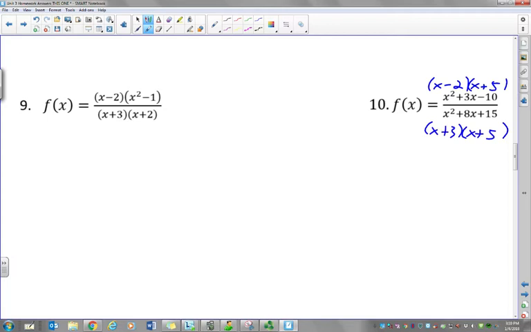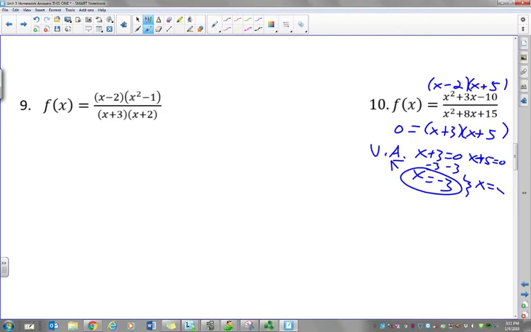So we would have vertical asymptotes, VA, at x plus 3 equals 0 and x plus 5 equals 0. Subtracting 3 from both sides, we get that at -3 there's a vertical asymptote, and at -5 there's a vertical asymptote.